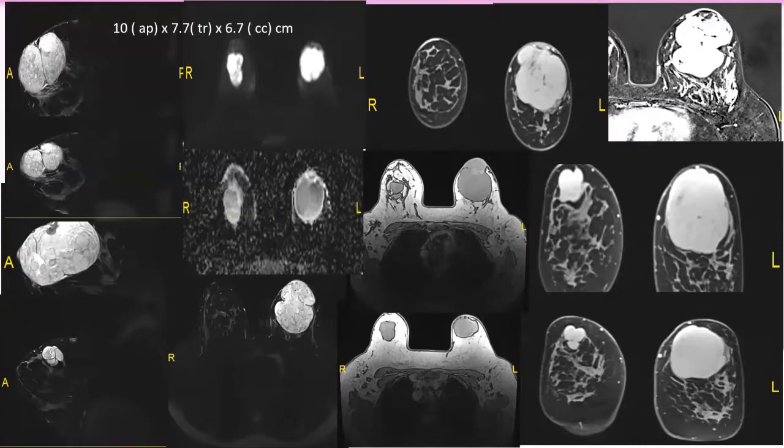But the left one is inhomogeneous, though circumscribed, and there is a non-enhancing cystic area, demonstrating high T1, low T2, might be proteinaceous or blood component, with adjacent focal skin thickening. It shows restricted diffusion and heterogeneous enhancement. So again, large lesion features more in favor of phylloides.